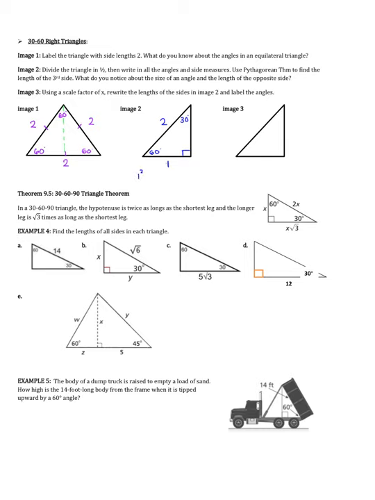So I have 1 squared plus, let's call this side b, b squared equals 2 squared. We want to solve for b squared, so b squared is going to equal 4 minus 1, which is 3, and then we take the square root. So this side is going to equal square root of 3.